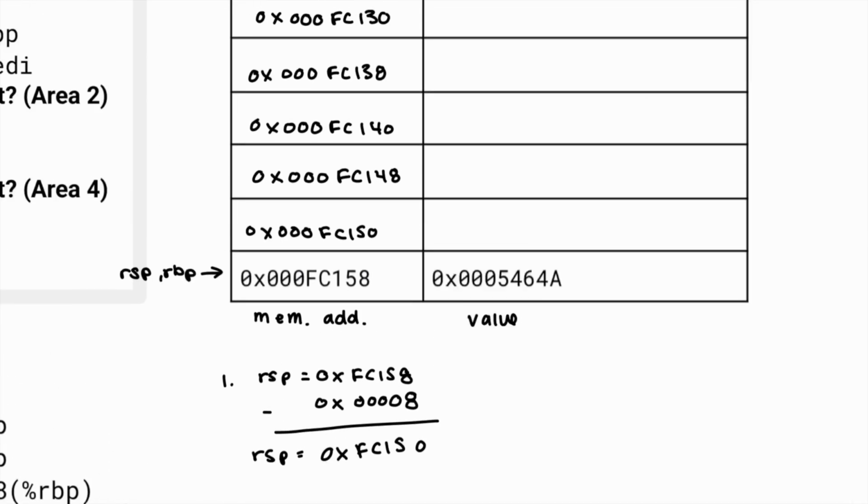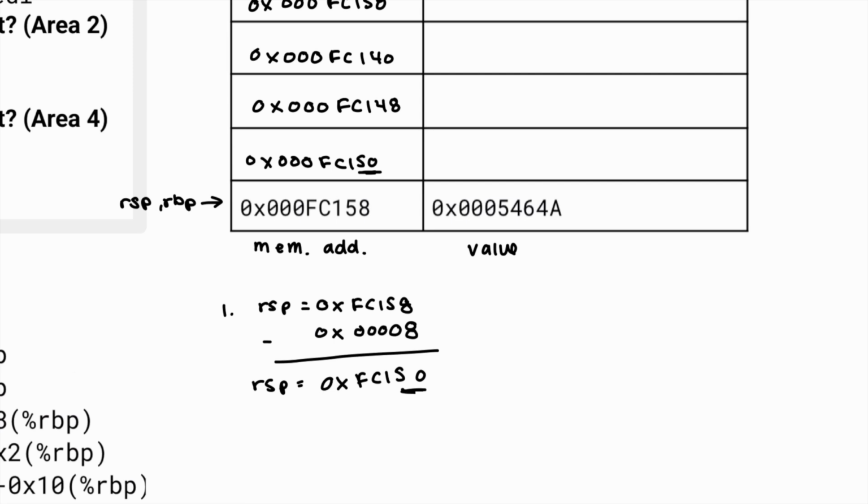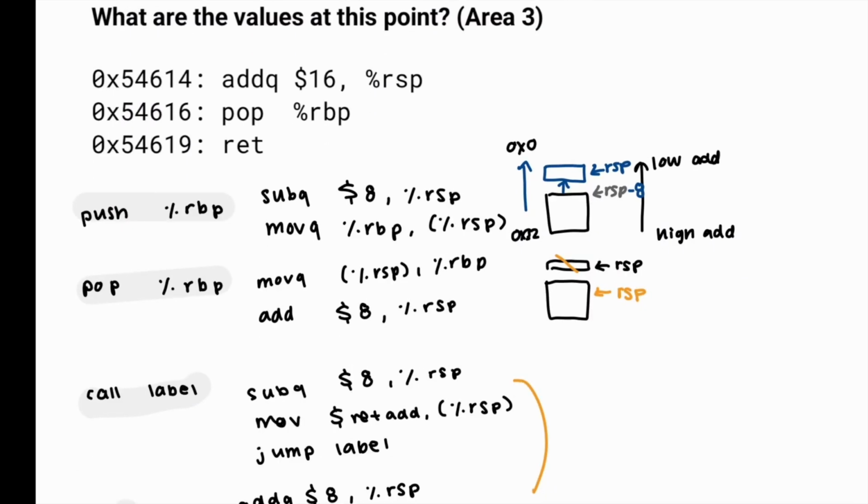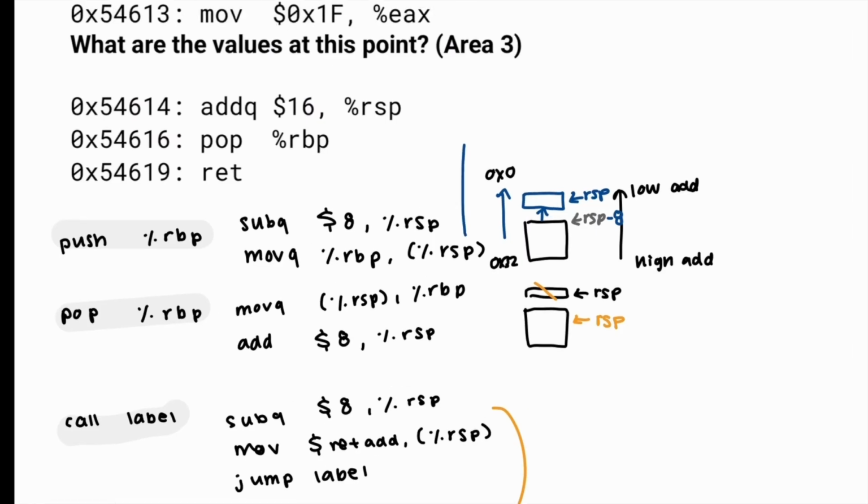Let's look for that space on the stack. We see that the memory address right above RSP is going to match this value over here. So now we're just going to move our RSP up here because this is the value in RSP, and our RBP stays the same. Our next step, we have to move RBP into the parentheses RSP. So what is this doing? This is basically dereferencing for us.